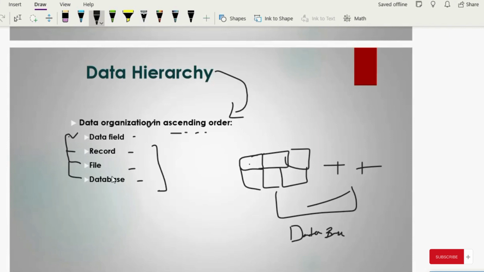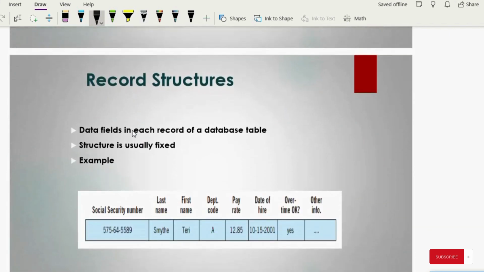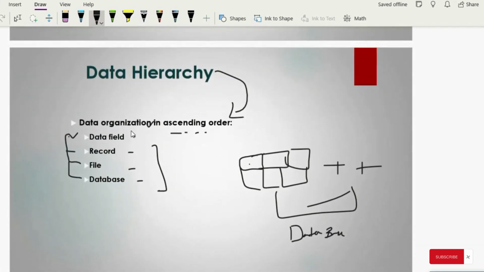So the order is ascending. Let's first talk about what a data field is, then I'll take you to the data record. The first level of the data hierarchy is known as the data field.